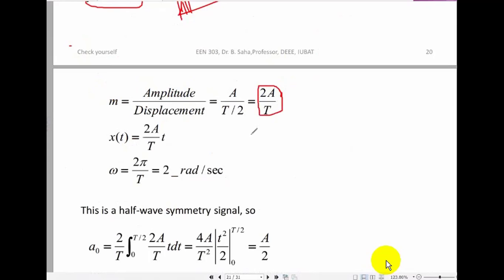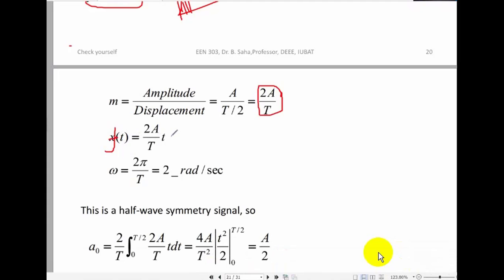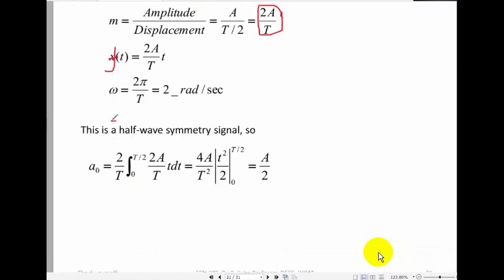So f of t equals twice A by T into t. And omega equals how much? Twice pi by T, right? Twice pi by T.